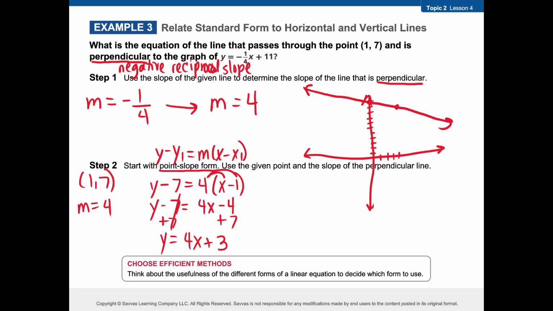And my new equation, starting at positive 3, going up 4, 1 to the right. Perpendicular, these two lines should form a right angle, 90-degree angle. And again, if you were to multiply these two slopes, they should give you negative 1.